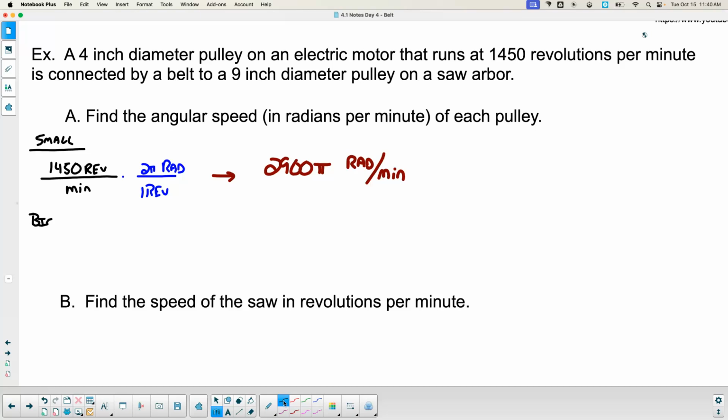So now for the big one, you have to put it with the 9-inch. So we know that the small one is spinning at 2,900 pi radians per minute, right? Which would then be 5,800 pi inches per minute, correct?